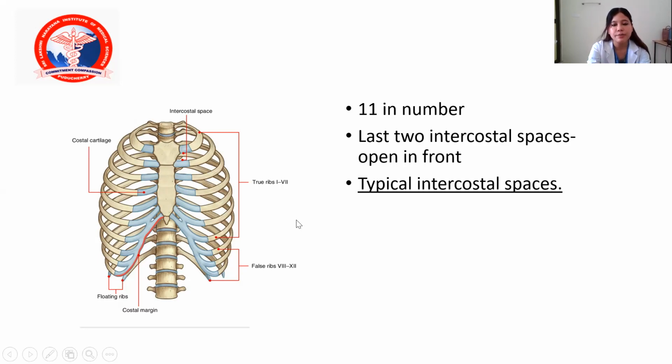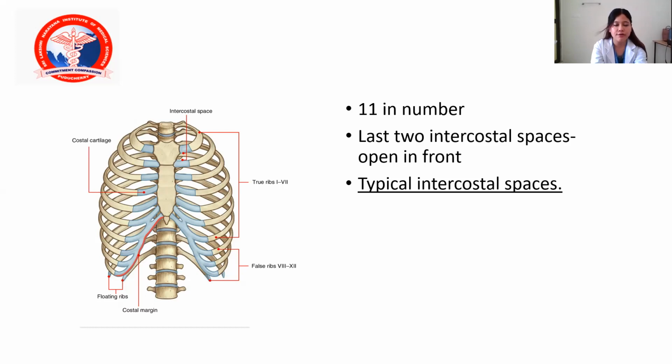So the intercostal spaces are 11 in number. The last two spaces are open in front. Now, why are the last two spaces open in front? Because the last two spaces are related to the floating ribs.